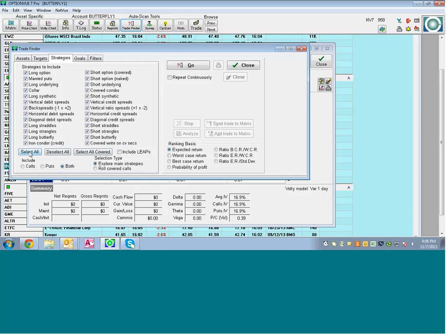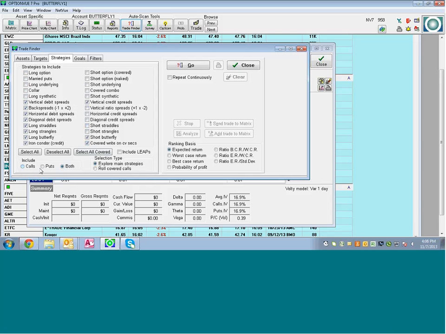I can say select all, deselect all. I can say select only the covered positions so that I don't have high margin requirements, and then I can actually even start unchecking. So if I really don't want short options, short the underlying, I don't want long options or married puts, I don't want to buy just the stock or doing collars, I really want to concentrate on these, okay? So this is the customizing that you can do right in here.